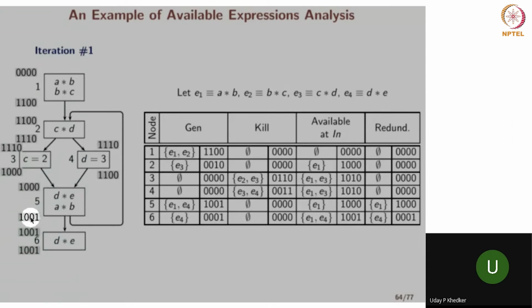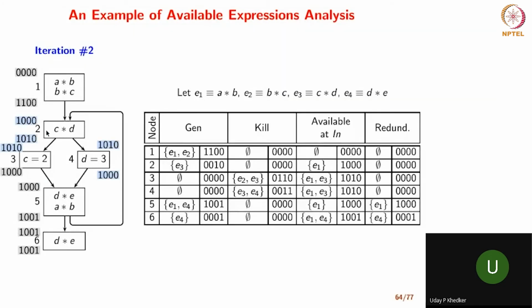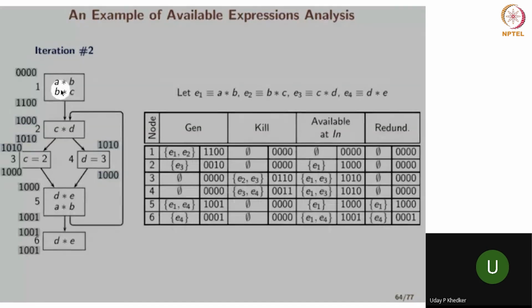So the intersection of 1001 and 1100 will give us 100. It means that although B star C is available on this path, along this path B star C is not available, and therefore the second bit has become 0. See how nicely these equations capture the effect of paths without us talking about it intuitively.